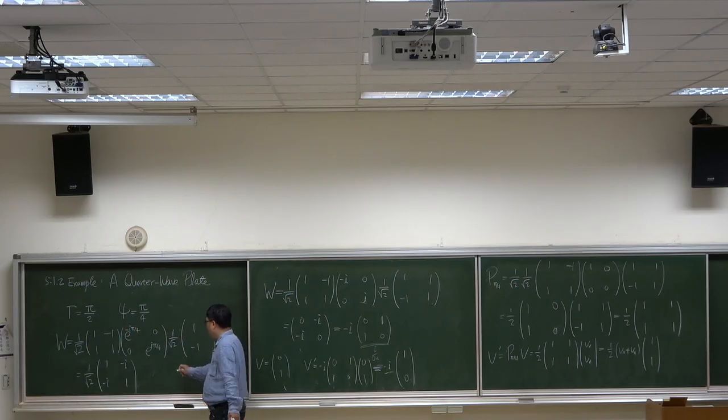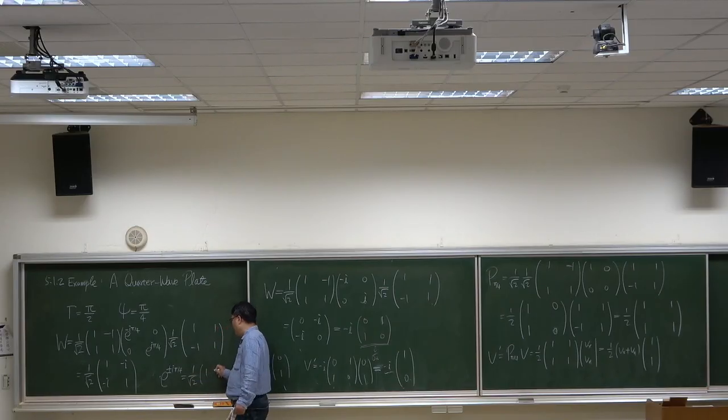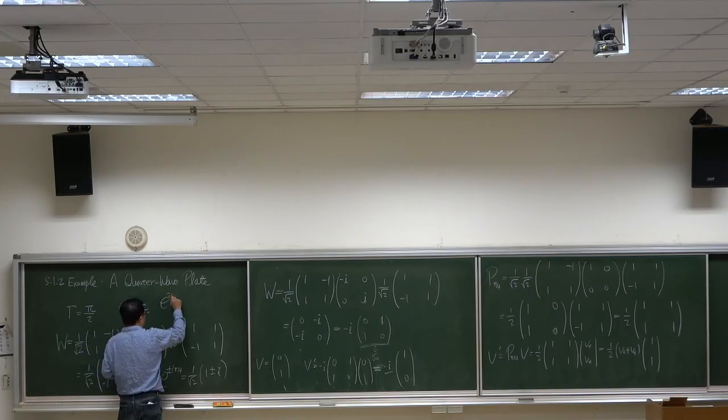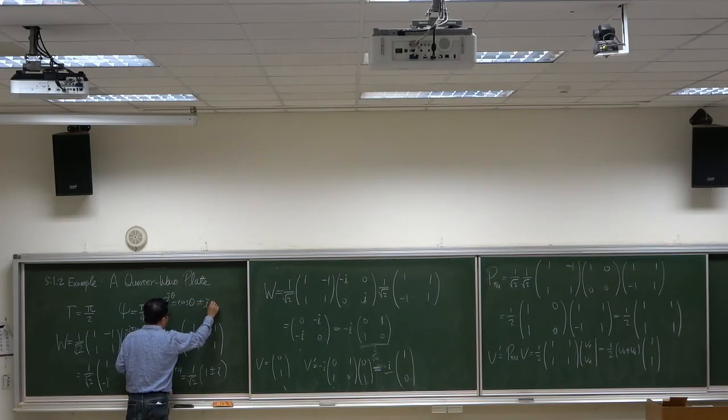Here, we use the factor exponential plus minus i 1/4 pi is equal to 1 over square root 2, 1 plus minus i. Okay, you can use Euler's formula. Exponential i theta is equal to cosine theta plus minus i sine theta, okay?